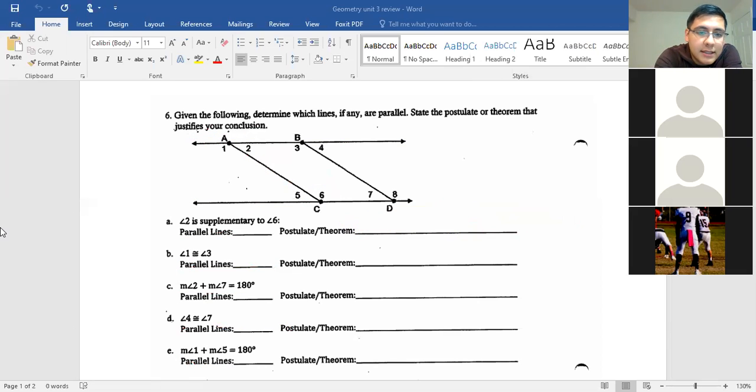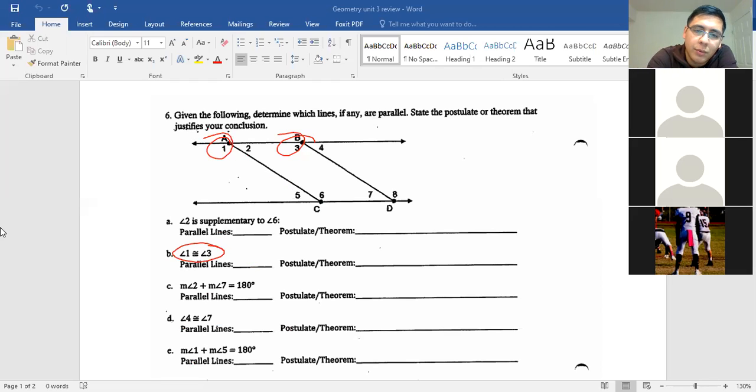Okay, it says angle 1 and 3, and remember that little symbol in the middle, it's like an equal sign with a squiggly line. That tells us that they're congruent. So angles 1 and 3 are congruent. Now with those angles, we can see they're on the same side of the parallel lines. They're on the same side of the transversal.